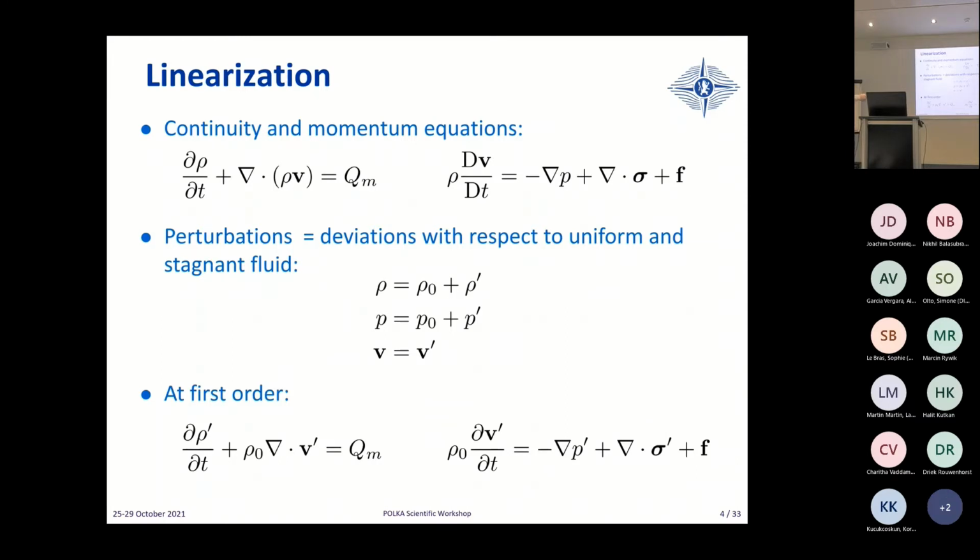So I have the Navier-Stokes equations. I introduce my decomposition between the mean quantities, uniform and constant, denoted by the subindex 0 in here, and the perturbations. And because we deal with acoustic propagation in a medium at rest, the mean velocity is 0. So that's the main difference with respect to what Adrien, for example, will present.